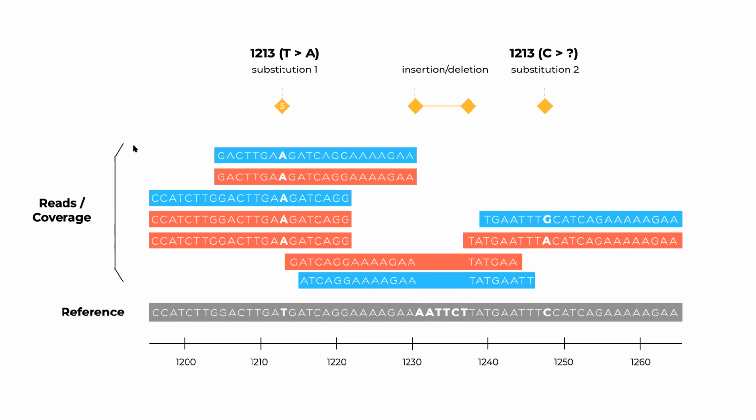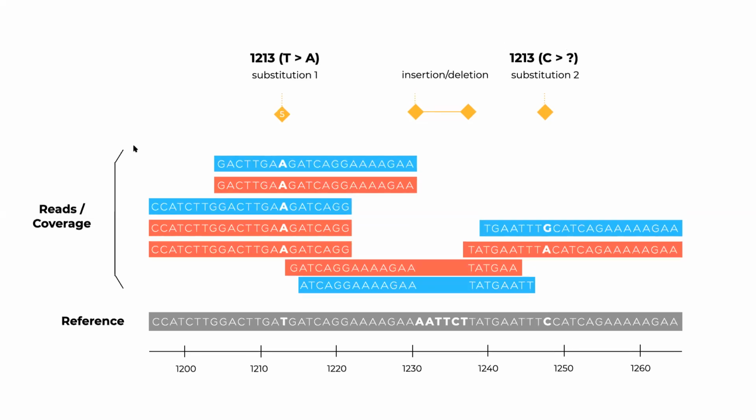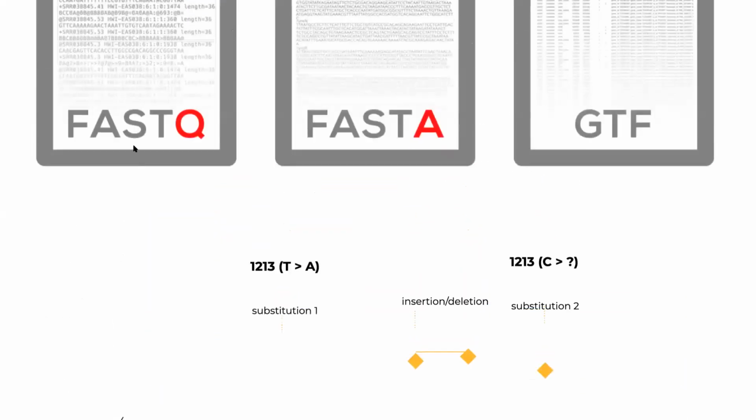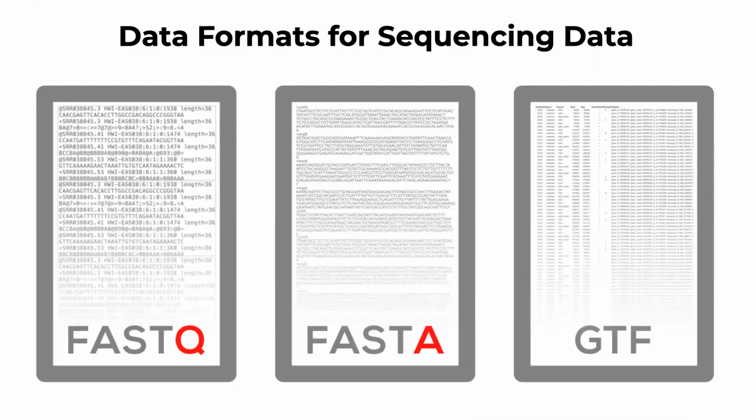Okay, so to do next generation sequencing, there are three common formats that are typically used. Those are the FASTQ, which are the individual reads, and those reads are short. They can be anywhere between 30 and 300 base pairs long.